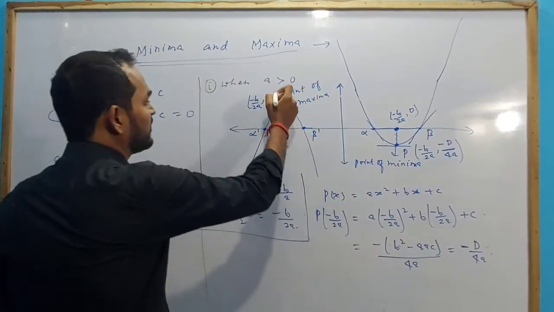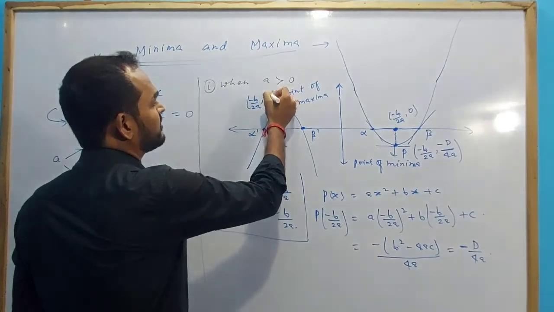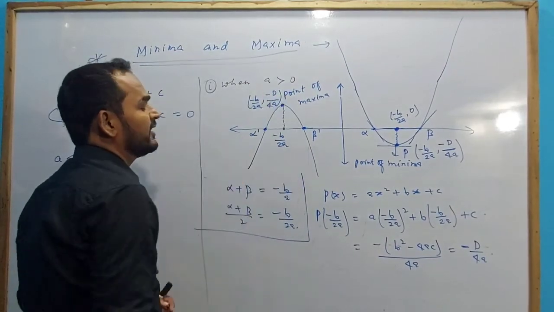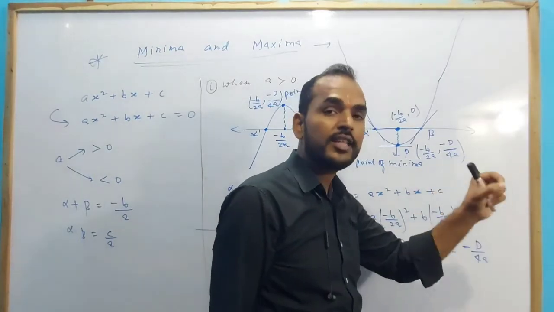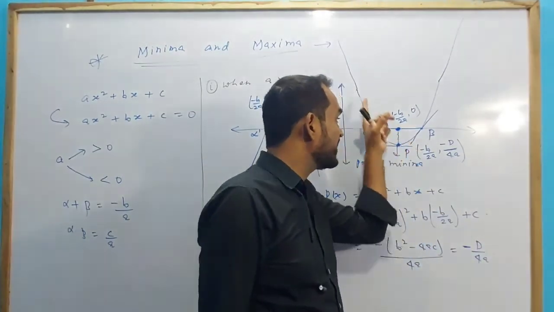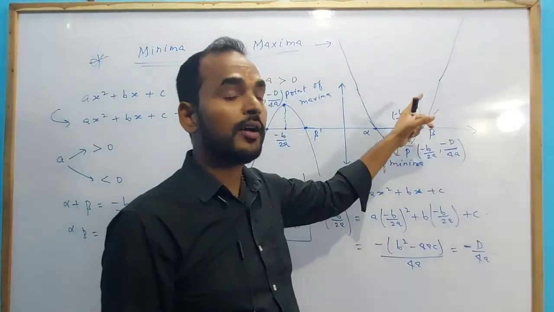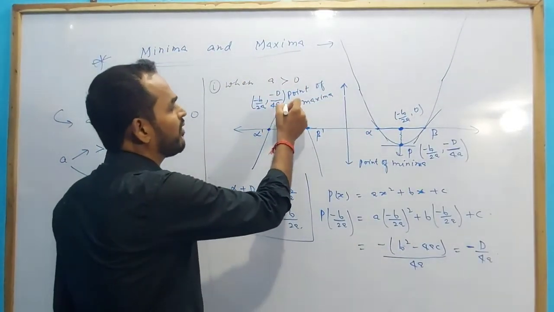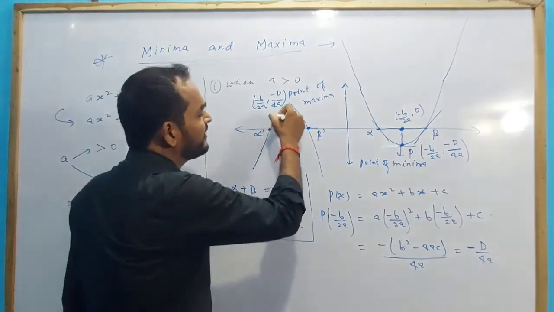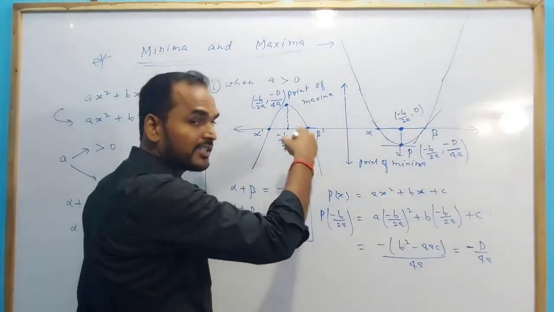Similarly here, the y coordinate will be minus D by 4a, and this value minus D by 4a is the minimum value in the case of the upward parabola, and the same value minus D by 4a is the maximum value when the parabola is downward.